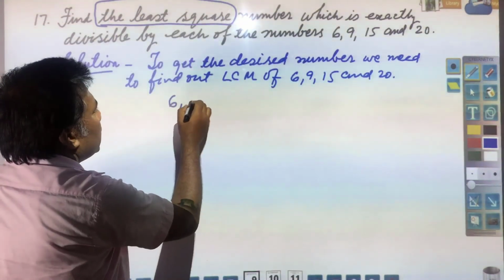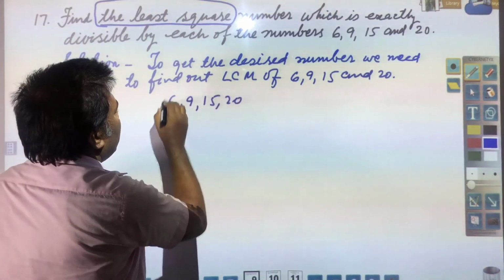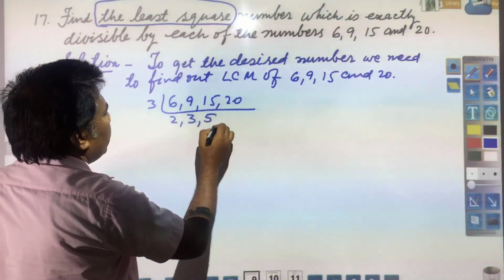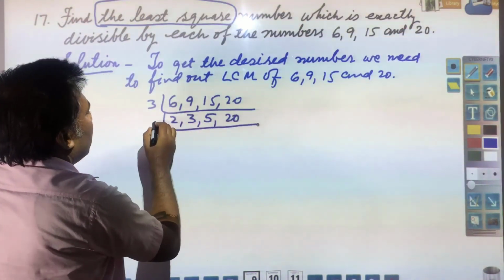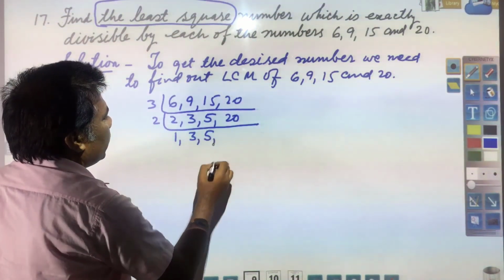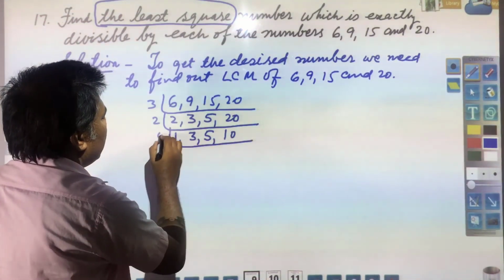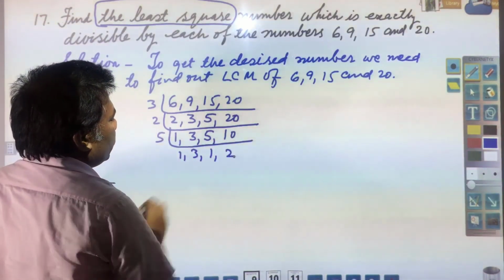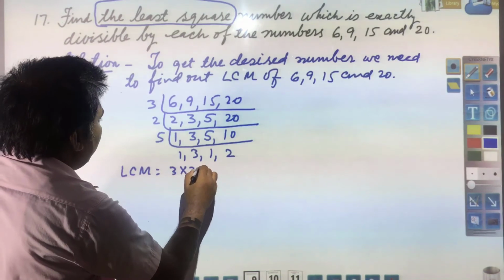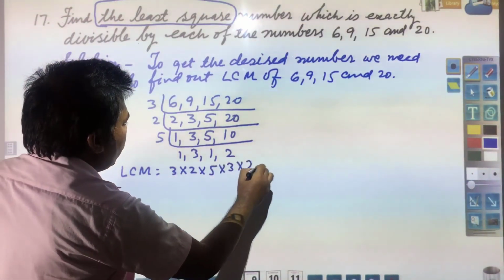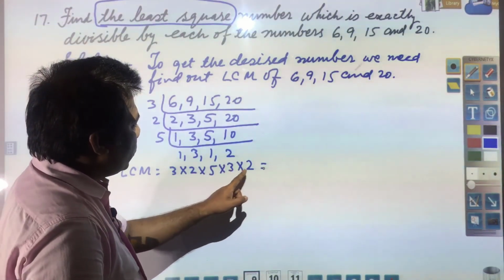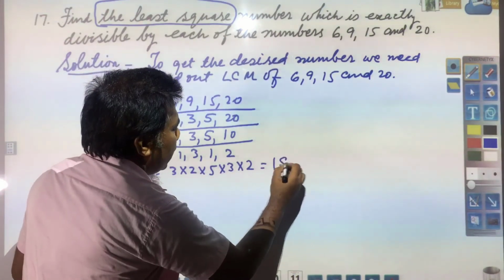What will you get? 3 2s are 6, 3 3s are 9, 3 5s are 15, 20 will be taken down, and 2 1s are 2, 3 will be taken down, 5 will be taken down, 2 10s are 20, 5 1s are 5, 5 2s are 10. So, the LCM will be 3 into 2 into 5 into 3 into 2, and that will be equal to 3 2s are 6, 6 5s are 30 and 3 2s are 6, means 180.